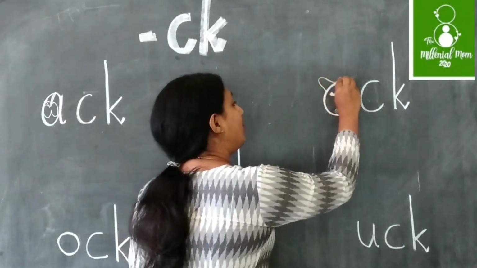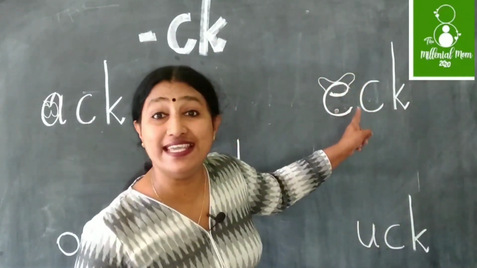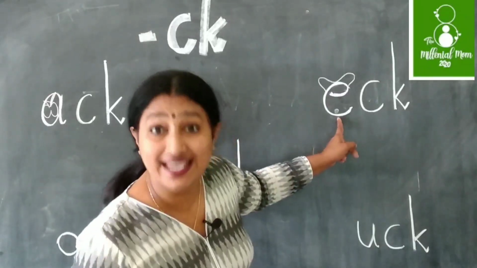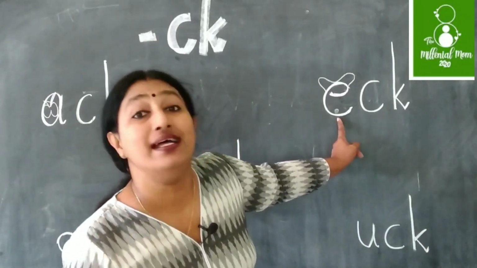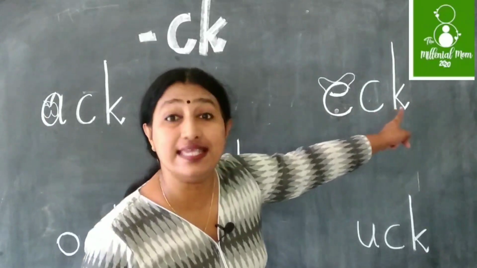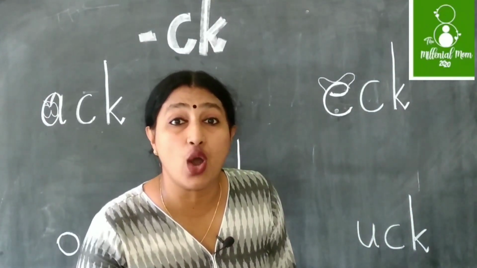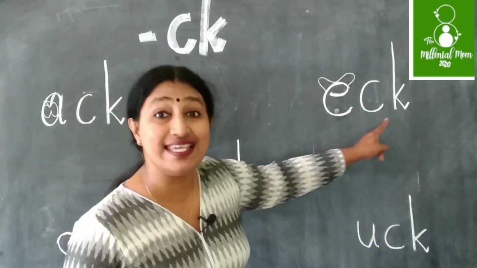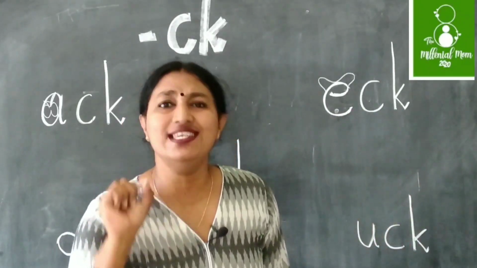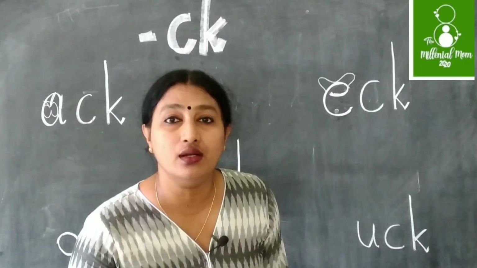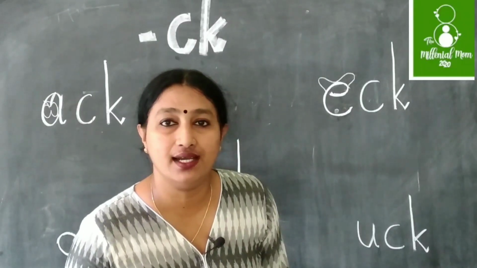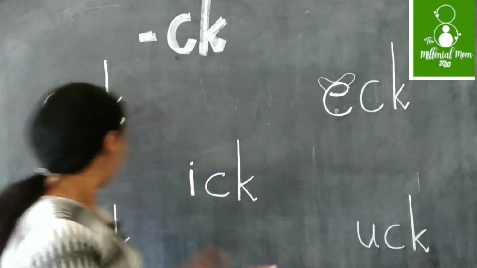So, I am going to draw elephant ears on E, so that you remember that E with CK will always be the elephant sound. E. So ECK will always read ek, ek, ek.